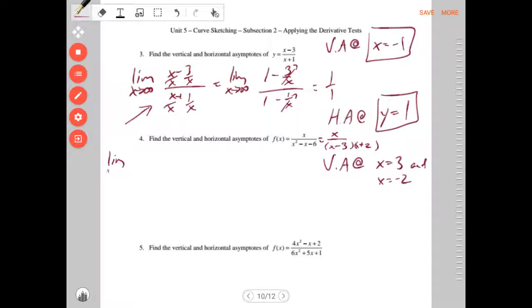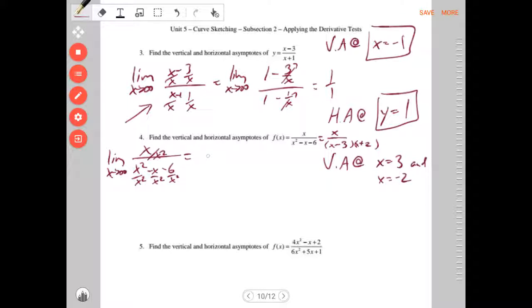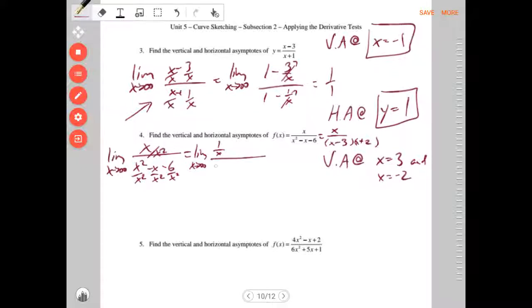So the limit as x approaches infinity of x over x squared minus x minus 6. Remember, divide by the biggest power of x all the time. Whoops, pardon me, the biggest power is x squared. Okay, so dividing by x squared, that's just going to be the limit as x approaches infinity of 1 over x, over 1 minus 1 over x, minus 6 over x squared.